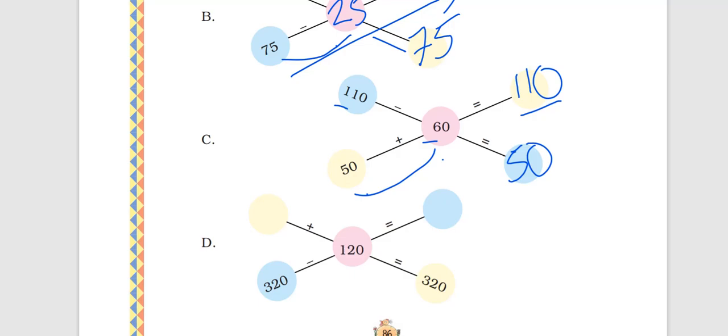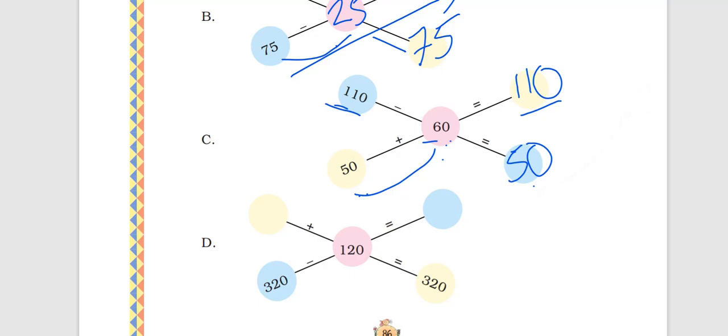So if you subtract one of these two numbers from 110, you get the other number. In other words, 110 minus 60 is 50, and let me write it clearly somewhere down below. I don't have enough place over there.